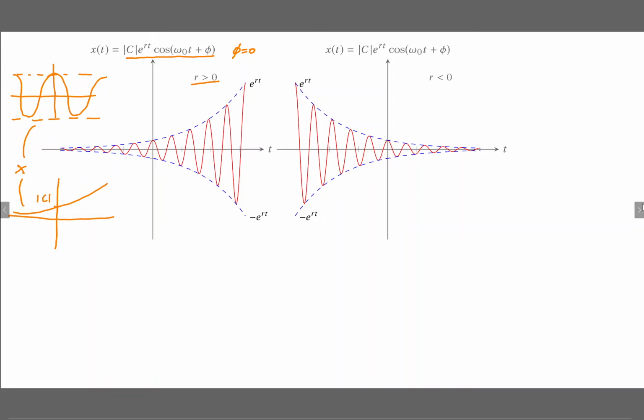So therefore we choose to draw these envelopes, e to the power of rt envelope in blue and minus e to the power of rt envelope in blue, and then plot the cosine with the multiplication with e to the power of rt and C. So the actual signal is the red signal. So these envelopes are drawn for the convenience for us to be able to draw the signal. So you can see when r is less than 0, it is an exponential decay that is represented by C times e to the power of rt, and hence the signal looks like this.